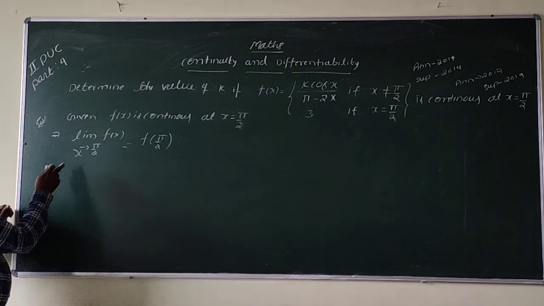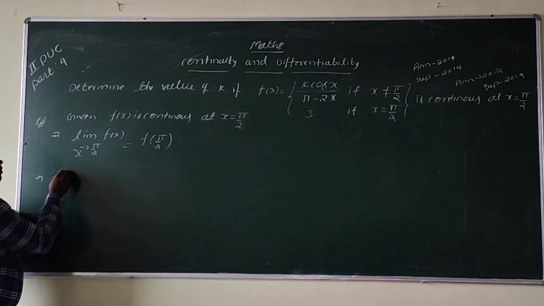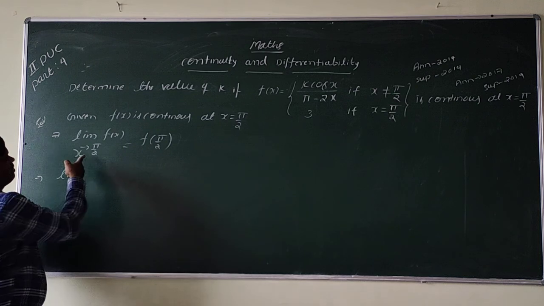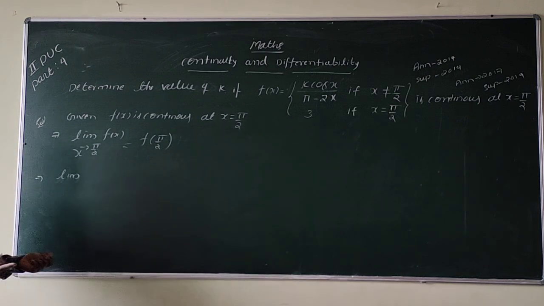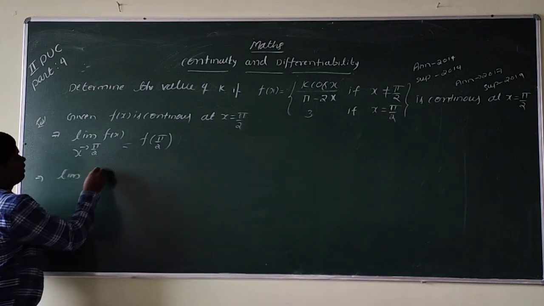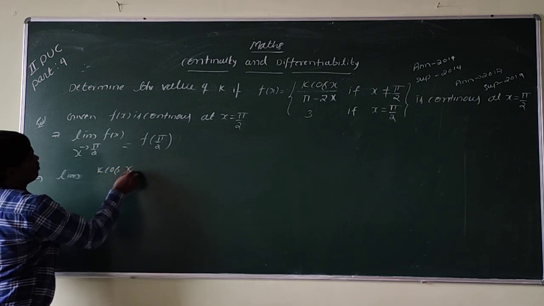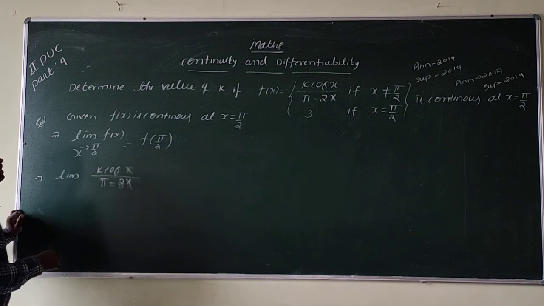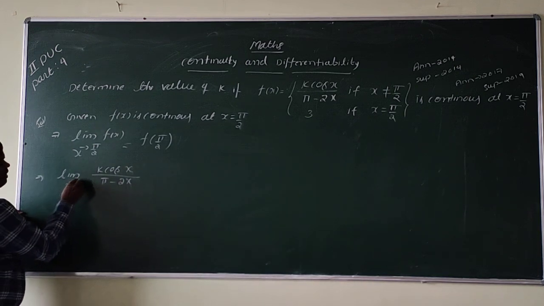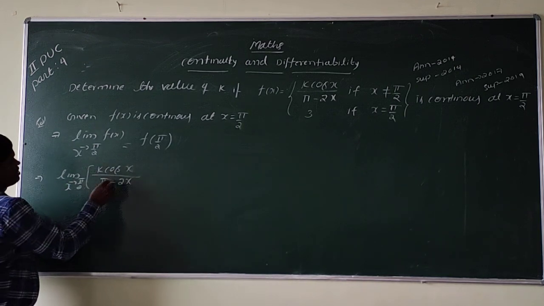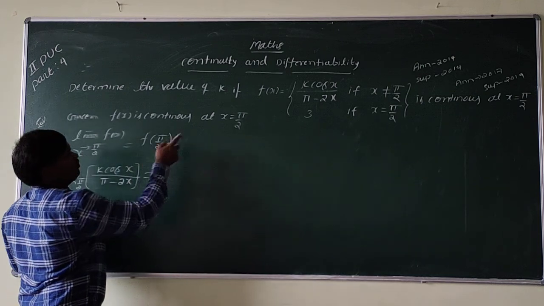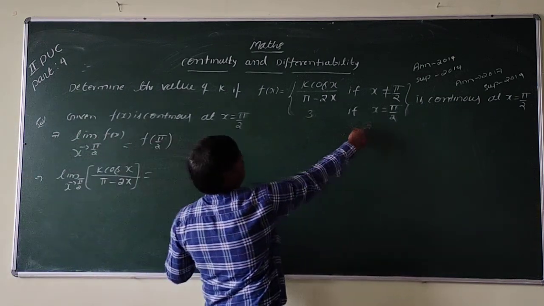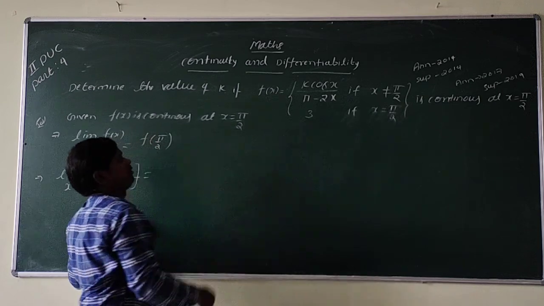Now this implies limit of f of x as x tends to pi by 2, meaning x is not equal to pi by 2. So we take k into cos x divided by pi minus 2x as x tends to pi by 2, which is equal to f of pi by 2, that is 3.